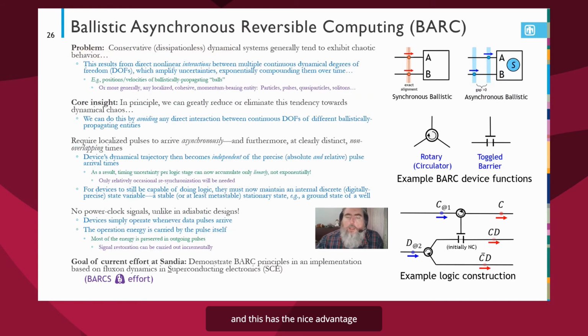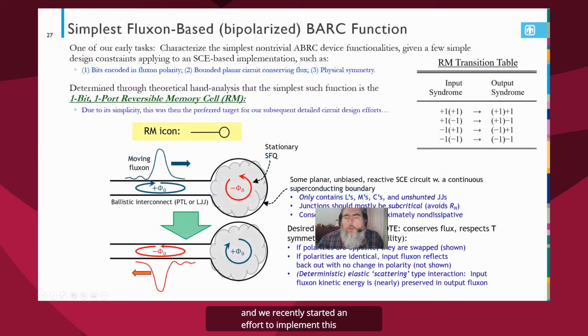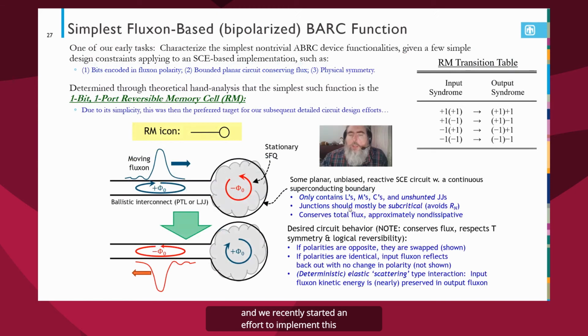And this has the nice advantage that now the behavior of the device is independent of the precise time difference between the arrivals. So basically, it should be much more stable. We figured out how to do universal computing with devices in this family, and we started an effort to implement this in superconducting circuits.